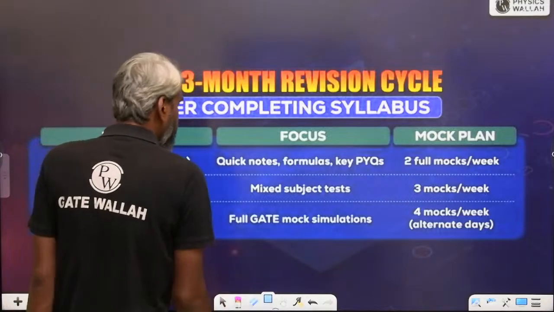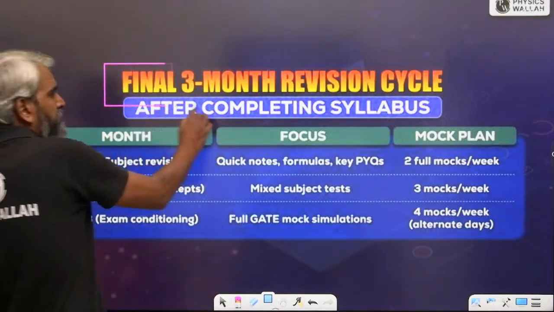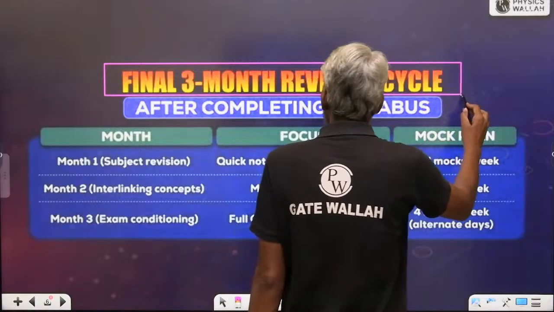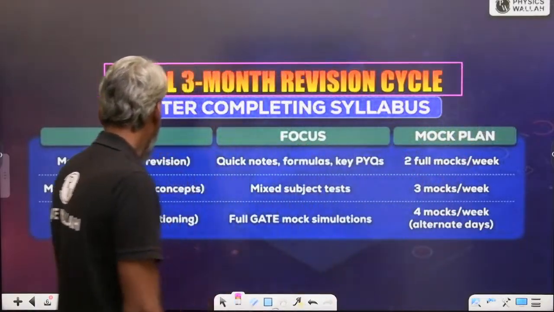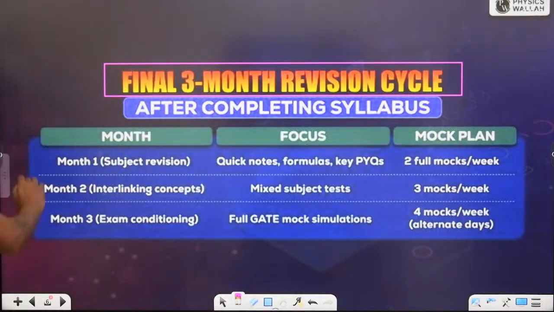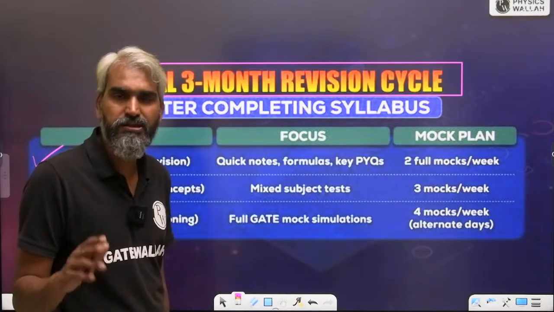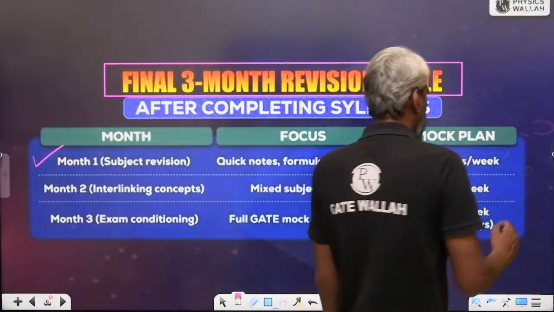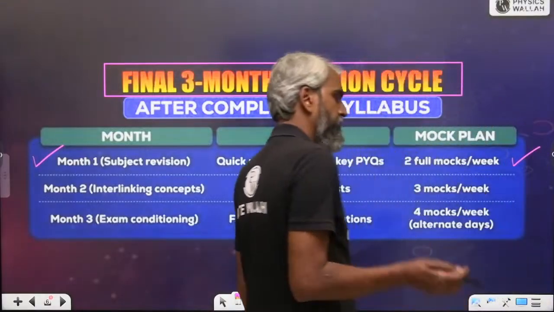If somebody asks me what the final 3-month revision cycle should be, I would say that in the first month, starting from November itself, please try to revise on a subject basis. Try to revise every subject and try to give the mock test of every subject.